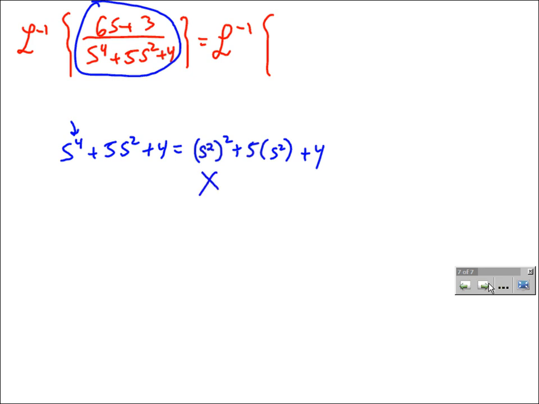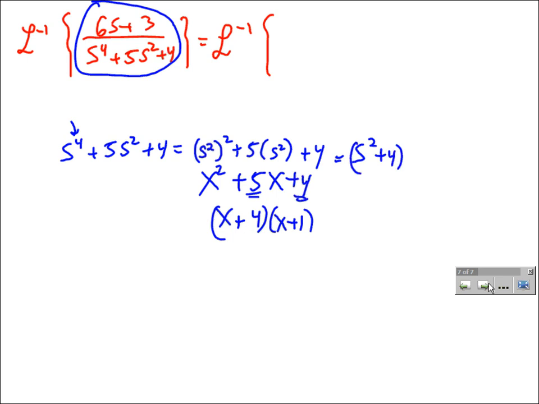I mean, think x squared plus 5x plus 4. Well, that's going to be x plus 2 numbers that multiply out to 4 and add up to 5, or 4 and 1. So instead of x, it's s squared. S squared plus 4, s squared plus 1. So that's the bottom.